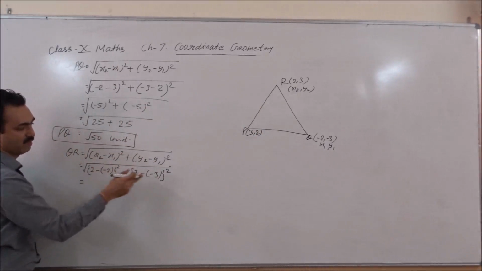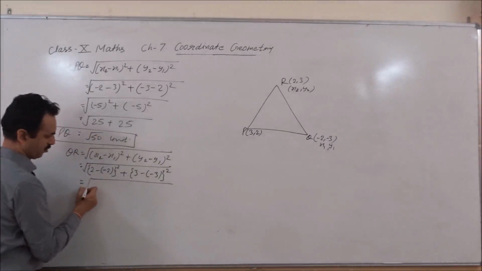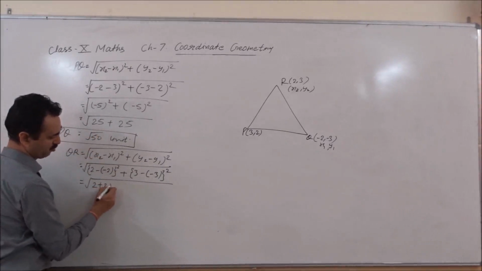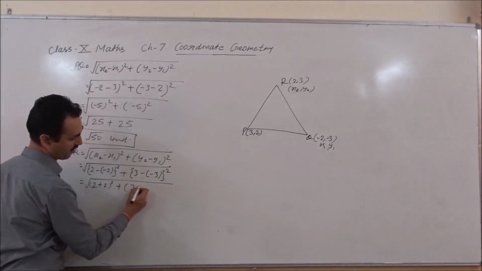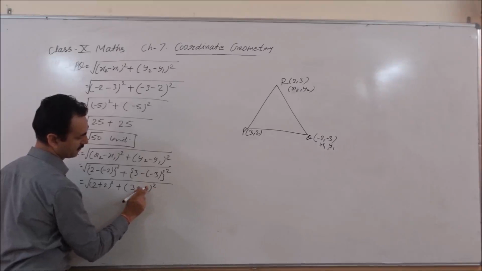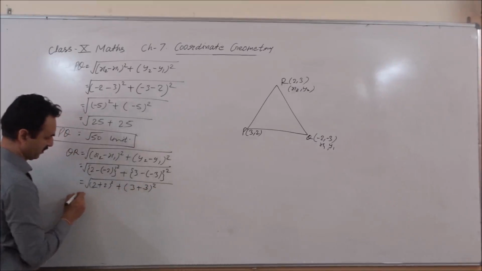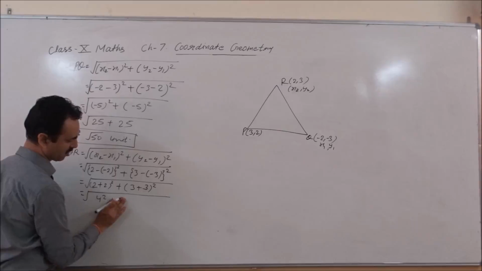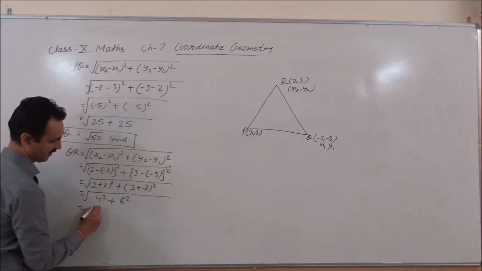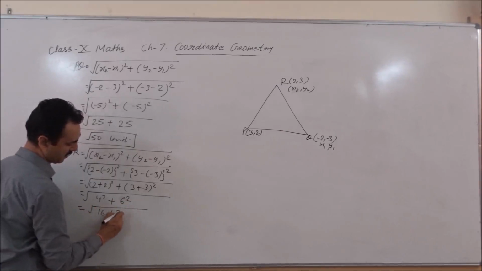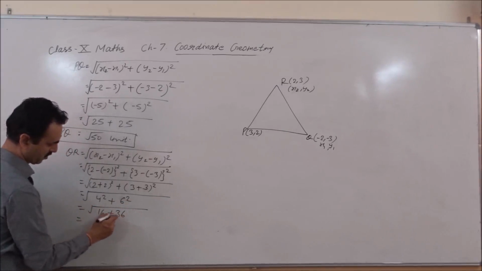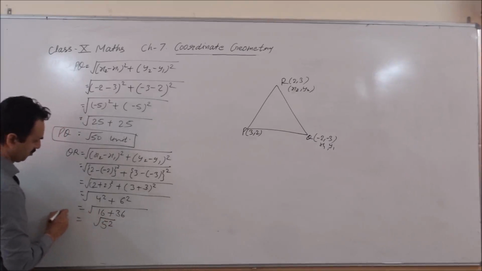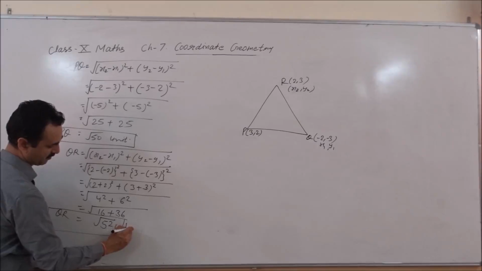So 2 plus 2 whole square, 3 plus 3 whole square. 2 plus 2 is 4 square, 3 plus 3 is 6 square. 4 square is 16, 6 square is 36, and this is 52, root 52. So QR is root 52 unit.